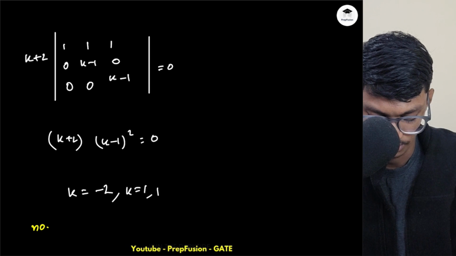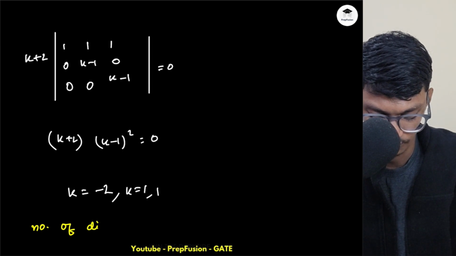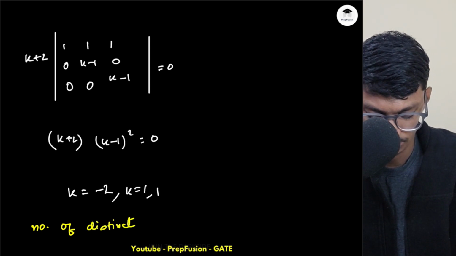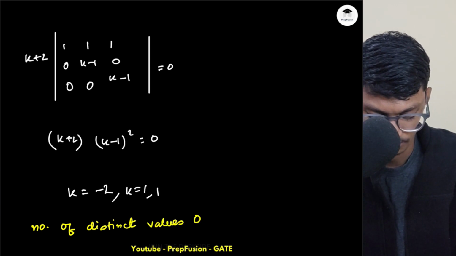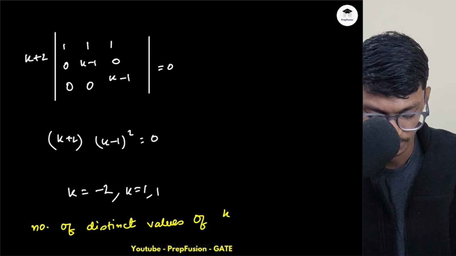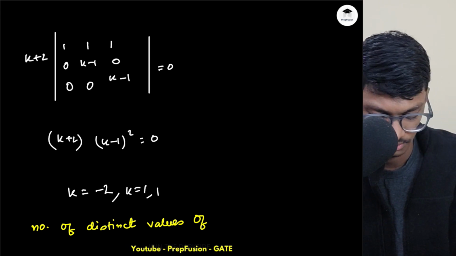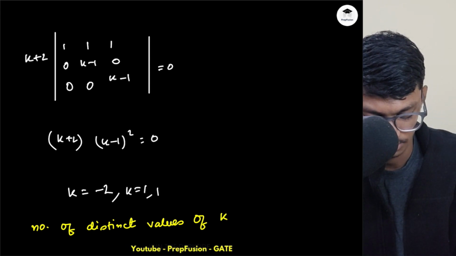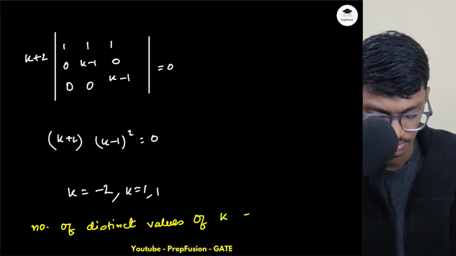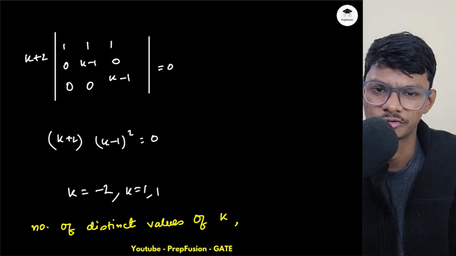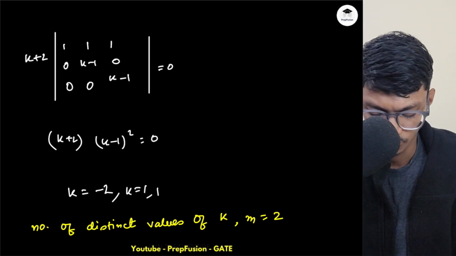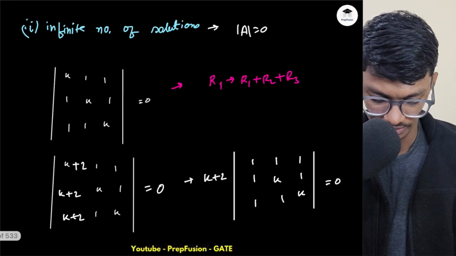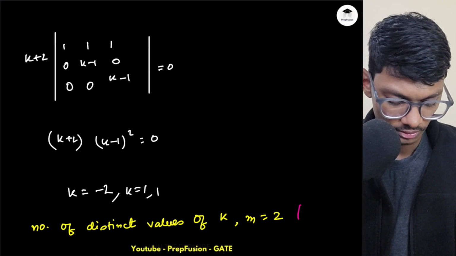So the number of distinct values of k, whatever you name it, m, is equal to 2. So our answer will be 2 here, right? This is our answer. Now let's go to the next question.